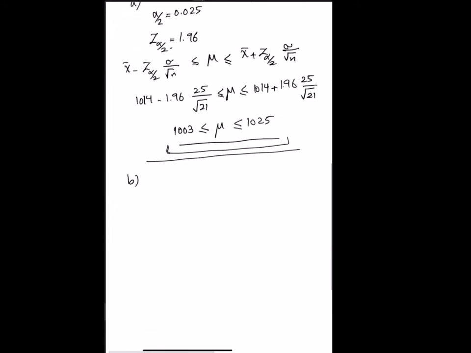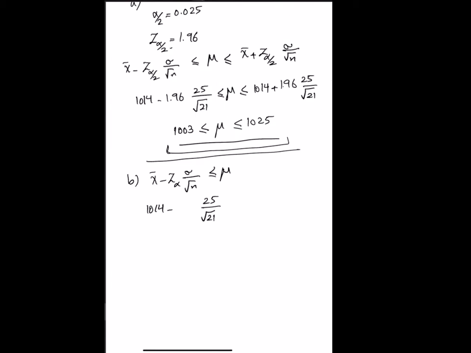So for the lower bound, the formula is x bar minus z of alpha sigma over square root of n, the standard equal to mu. So here I have basically everything, 1014. Sigma I know is 25, the square root of n is 21.